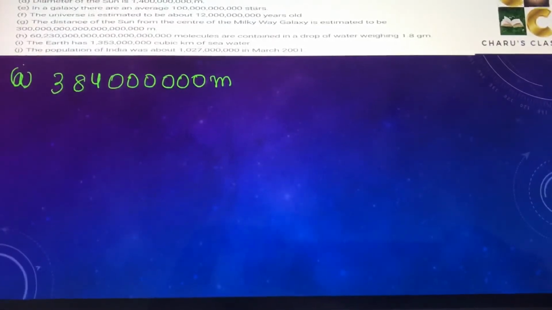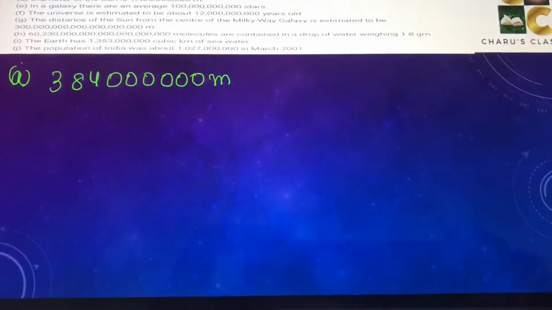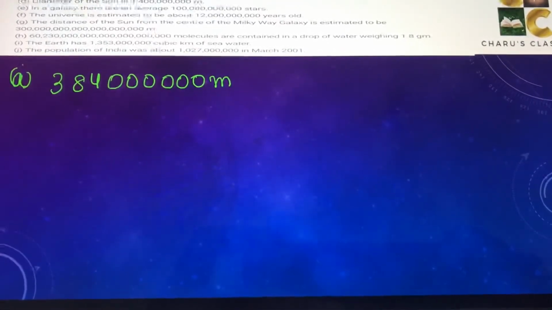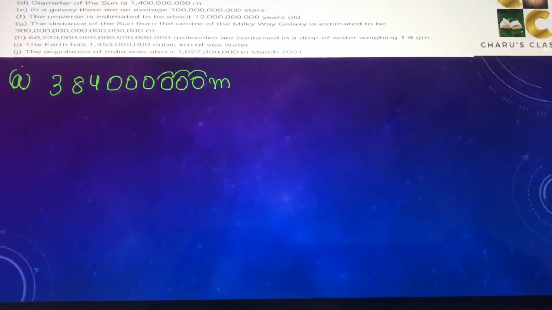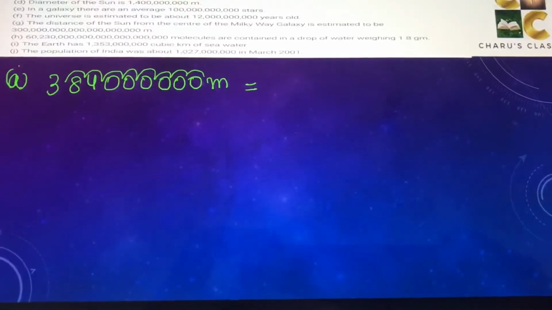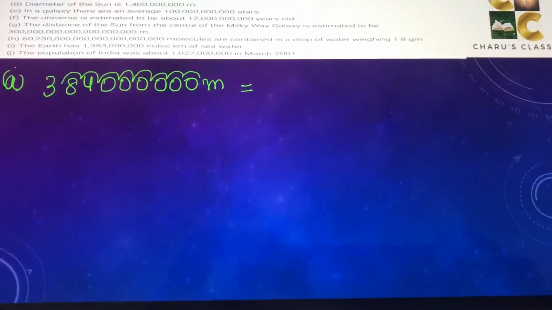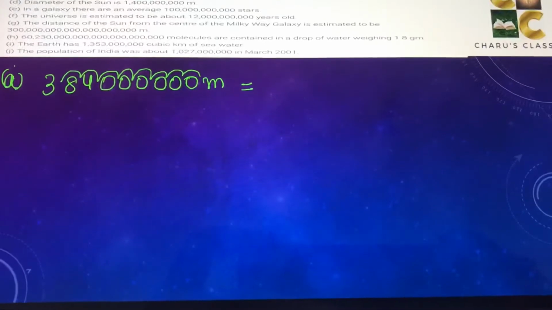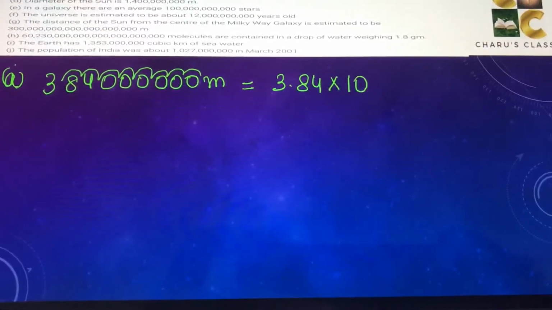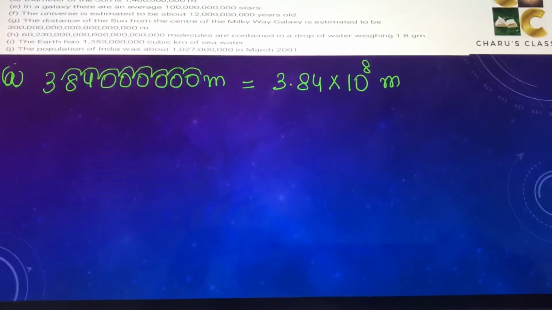So as I told you, to bring it into standard form we take the decimal near the first non-zero number. So in this case, we will be shifting 1 2 3 4 5 6 7 8. So this will become 3.84 into 10 to the power 8 meters.